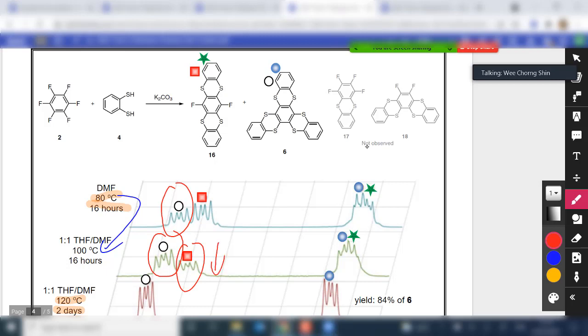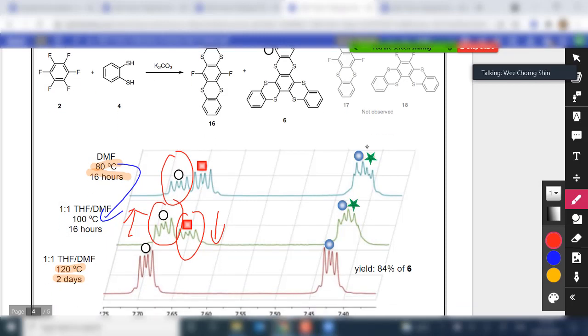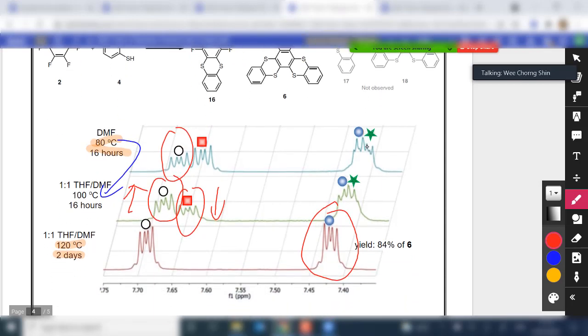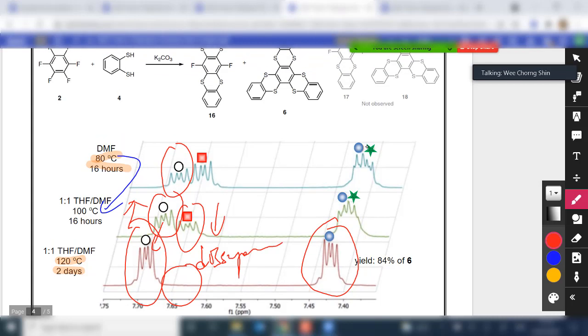This stays about the same, except that it becomes a lot more defined. Then everything else becomes this, and then this portion disappears. That's all you need to say.